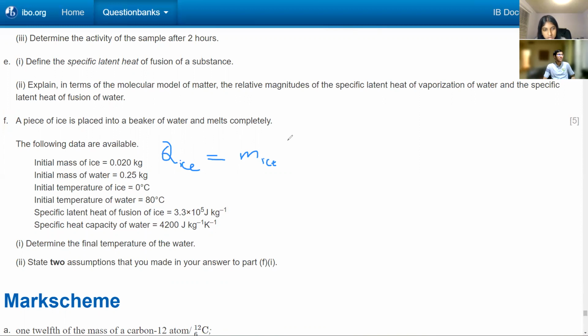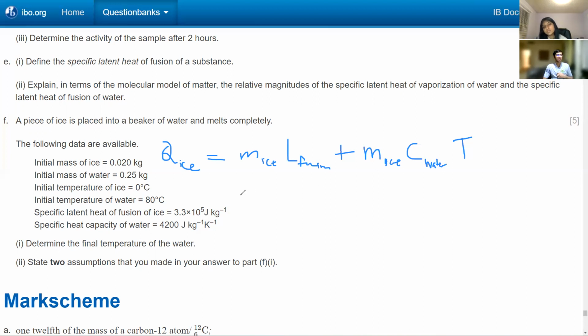So it's M ice L fusion, plus M ice C water now because it's become water, and delta T, so it's just T in this case because the initial temperature is 0.